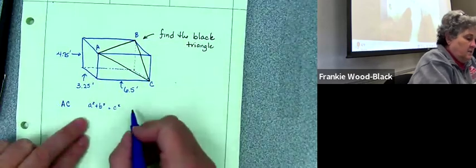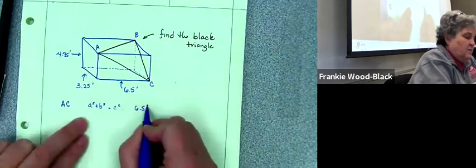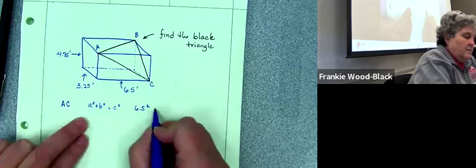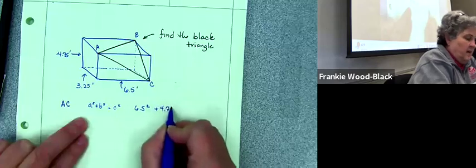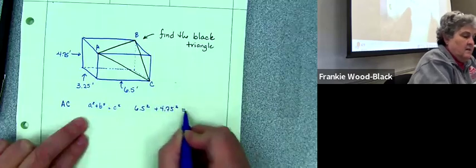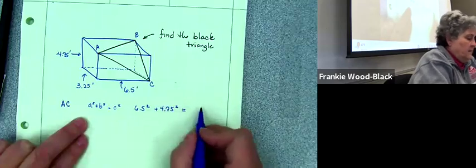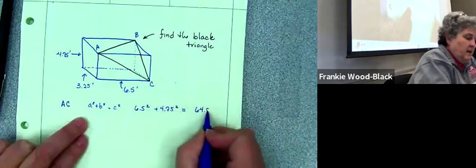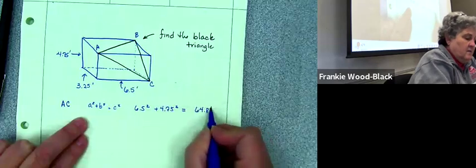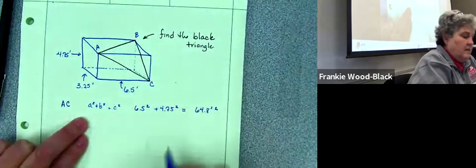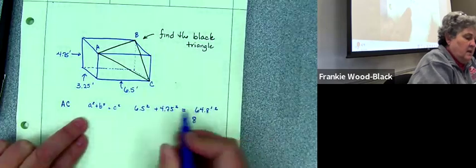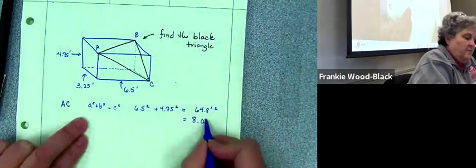And I've got my 6.5 squared plus my 4.75 squared is going to equal 64.8 feet squared, which ends up being 8.05 feet.